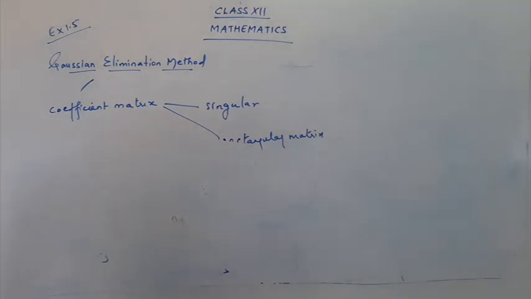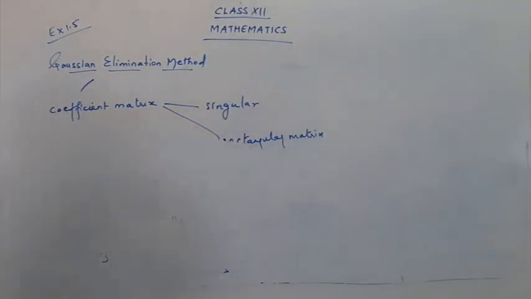You can refer to page 33. Whenever you study the different methods, just compare the differences between the methods. Under Cramer's rule, this rule can be applied only when the coefficient matrix is a square matrix and a non-singular matrix.